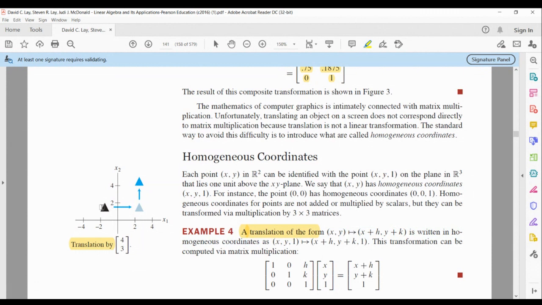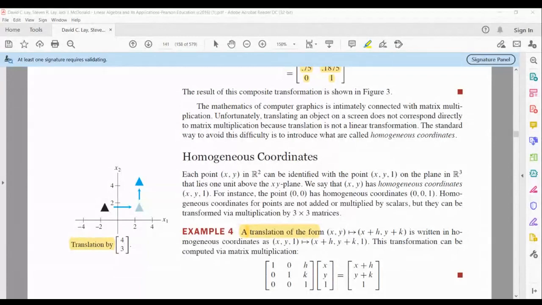So you have this red triangle, and you want to move it 4 units to the right and then 3 units up. Well, you can't do that with a 2x2 matrix. You need a 3x3 matrix to do a translation.